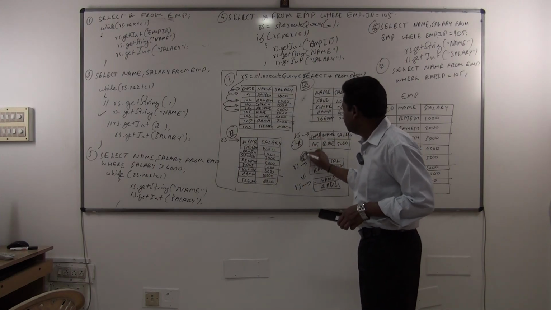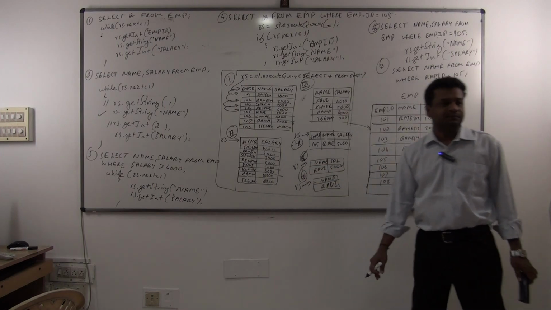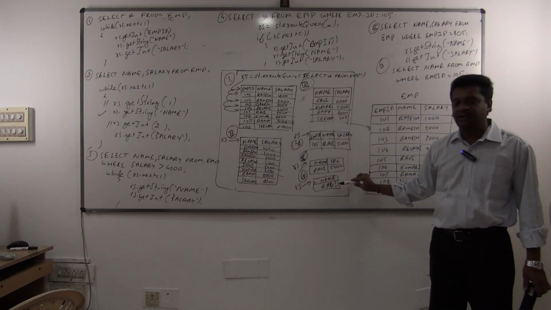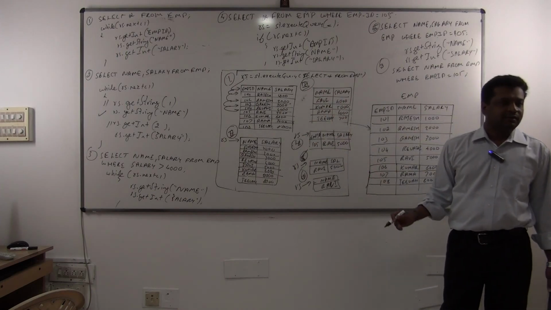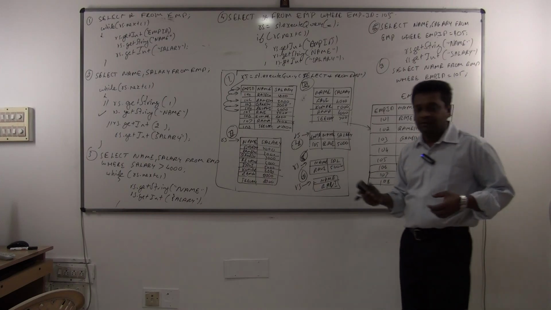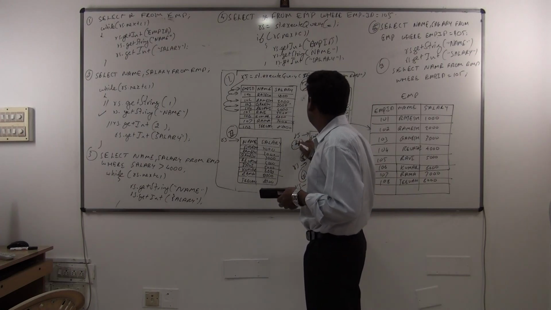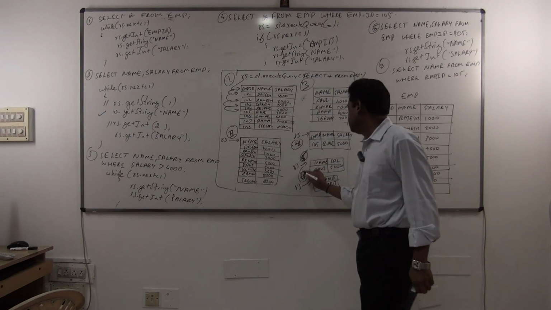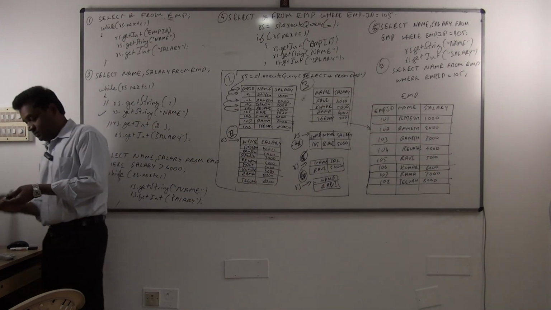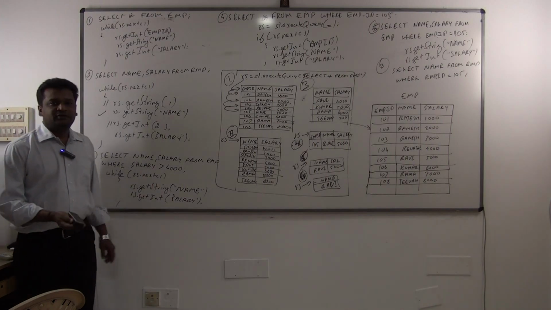First query, second query, third query, 4th query, 5th query, 6th query. Are you clear with this, sir? Any questions, sir? Are you clear? Shall I clear this now? You understood the concept now?